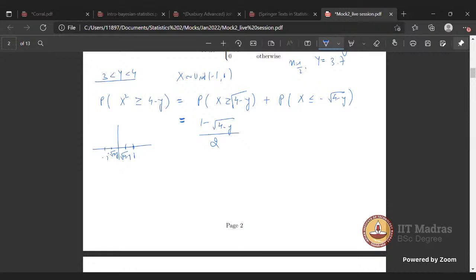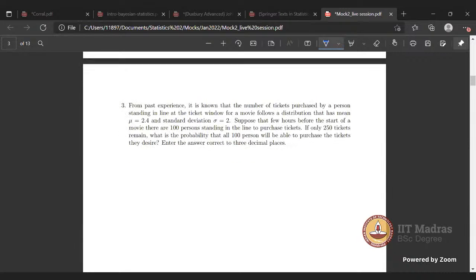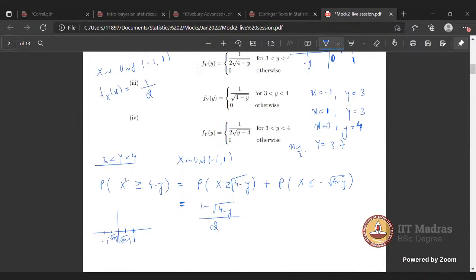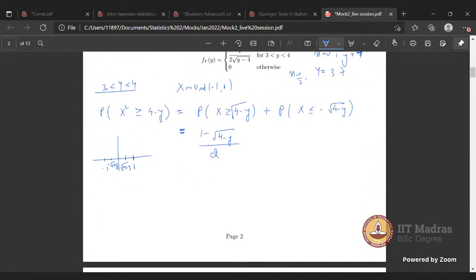So I couldn't understand this value, x less than or equal to root of 4 minus y. There are two parts, x greater than root of 4 minus y and x less than minus root of 4 minus y, which will be less than -1, part of in between -1 and 1.